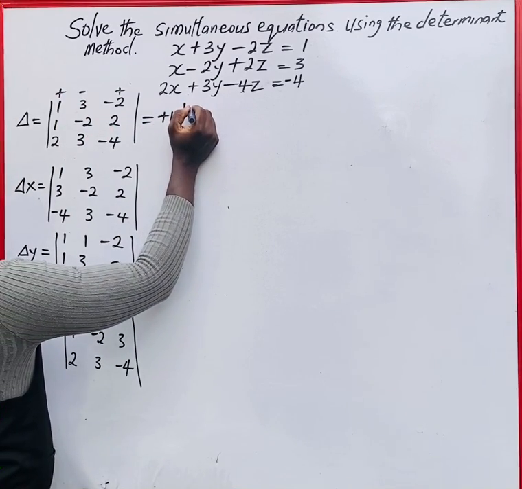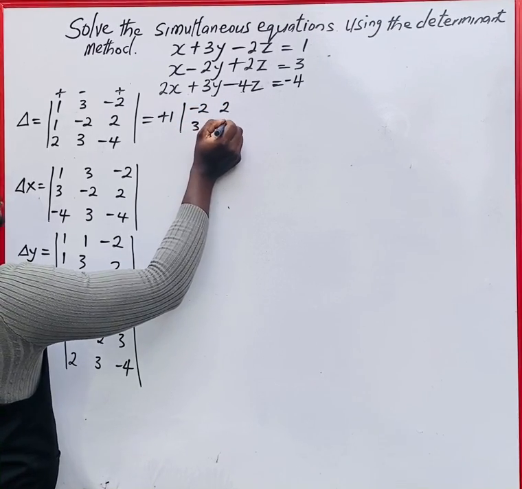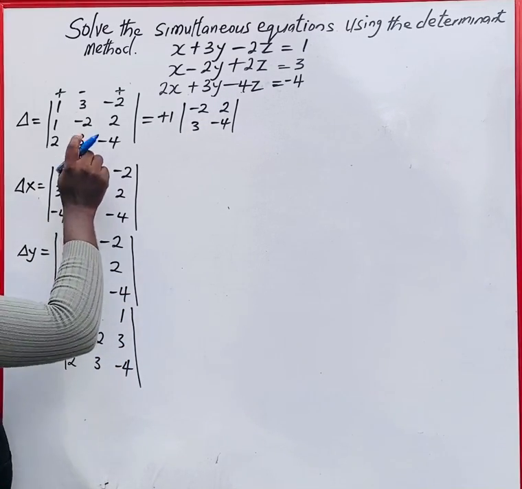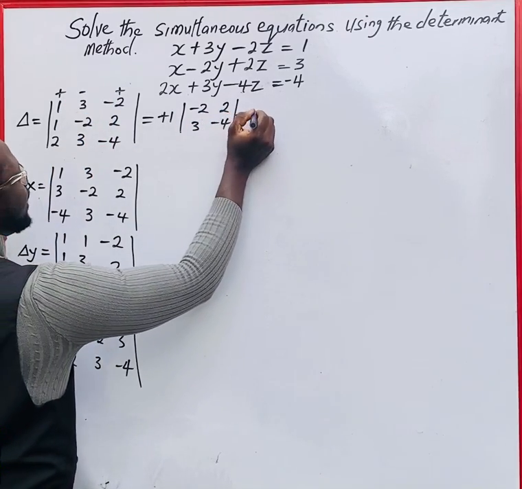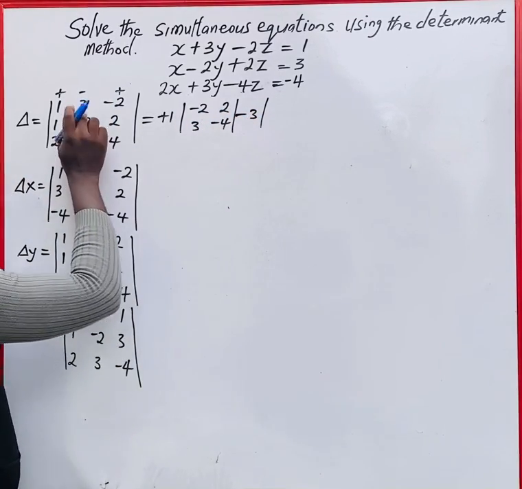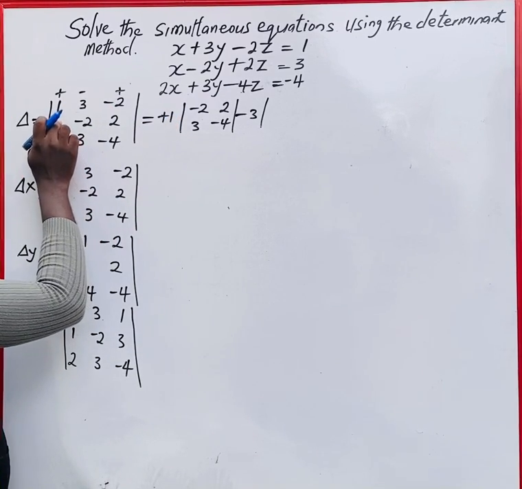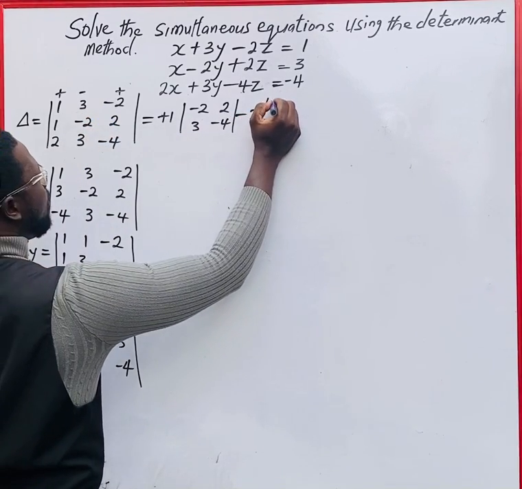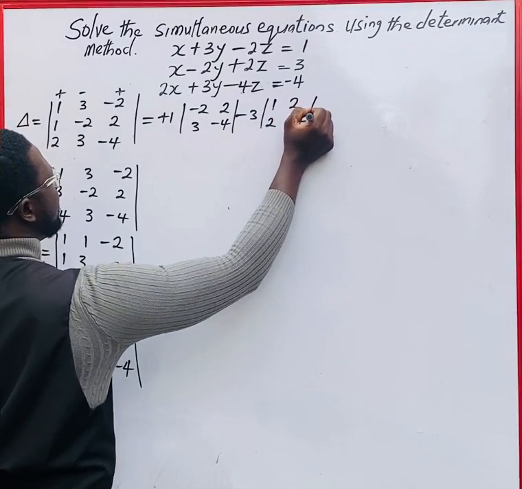What is remaining is 2, minus 2, 3, minus 4. Next we close the second column and the first row, which is for minus 3. We are left with 1, 2, 2, and minus 4.